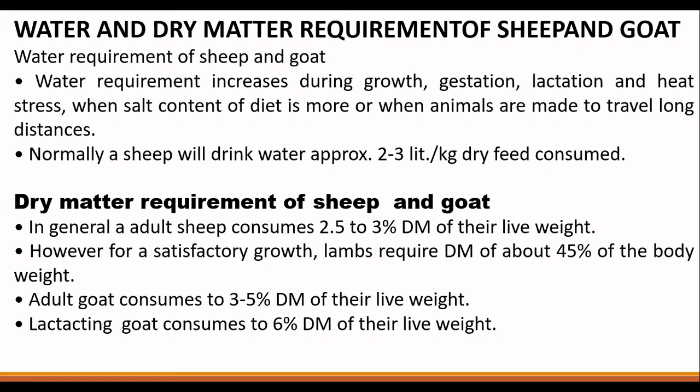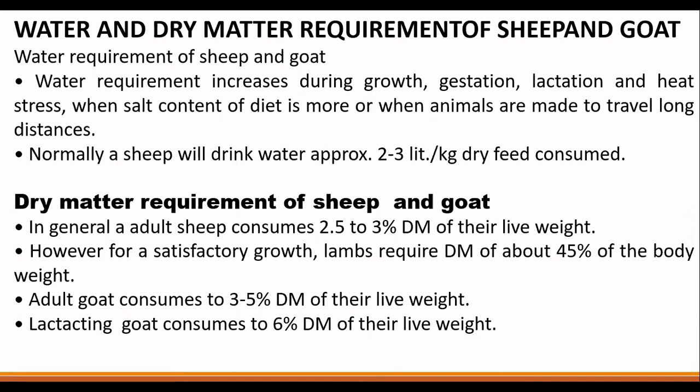Now, let's talk about the water and the dry matter requirement of sheep and goats. Water requirement increases during growth, gestation, lactation, and heat stress, or when the salt content of the diet is more. Sheep will drink 2 to 3 liters per kg of dry feed consumed.